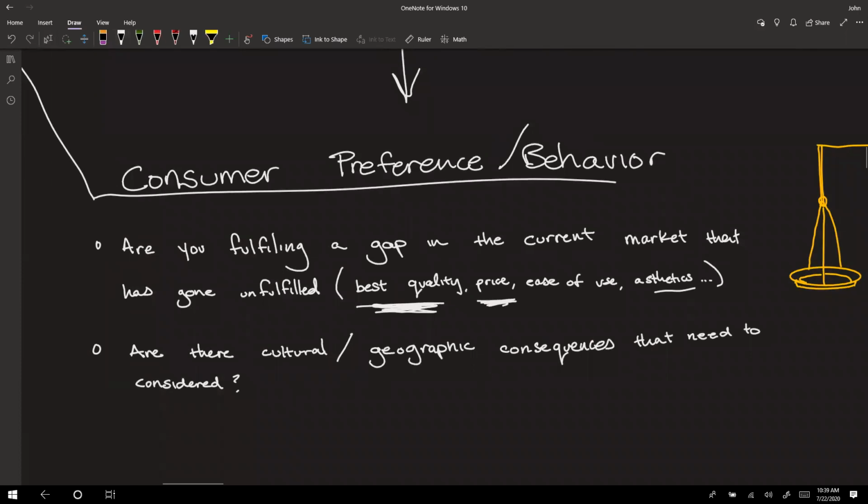Are you going to sell an air conditioner to cool down the house of somebody in Alaska? No, because of their geography, they just don't need that. So there's no market for that. There's going to be no consumer who looks for that, because they have no need for it.